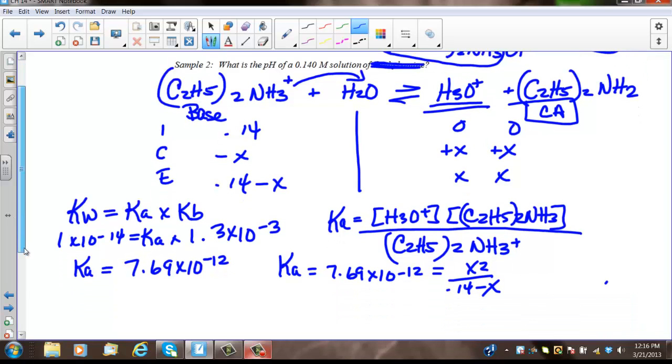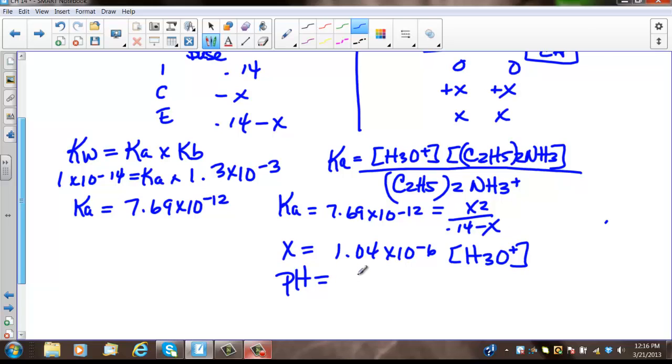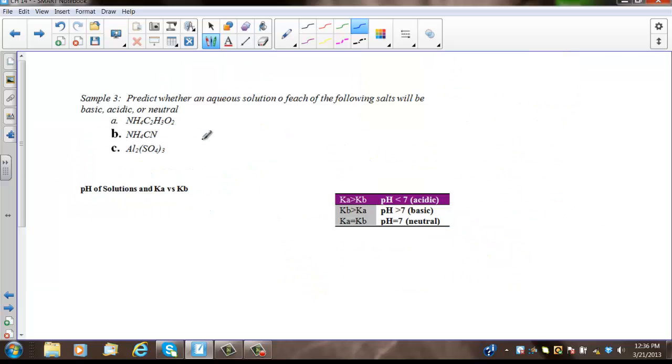When we put that in our solver and we solve, we're going to get x equal to 1.04 times 10 to the minus 6 molar, which is the concentration of our H3O plus. From that, we can take the negative log and get a pH equal to 5.98.